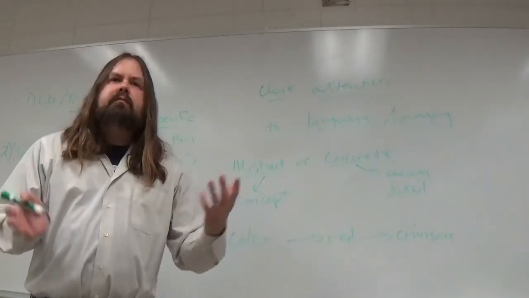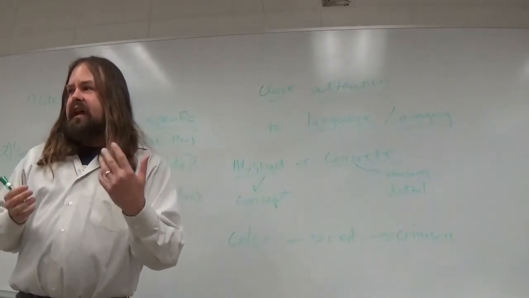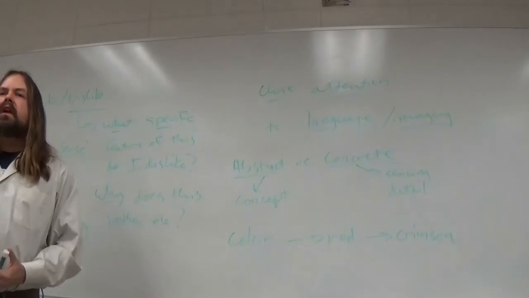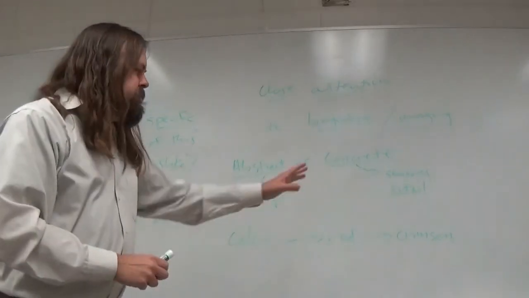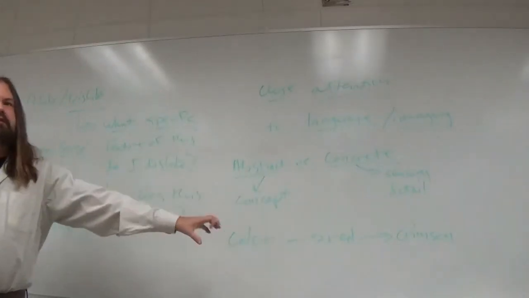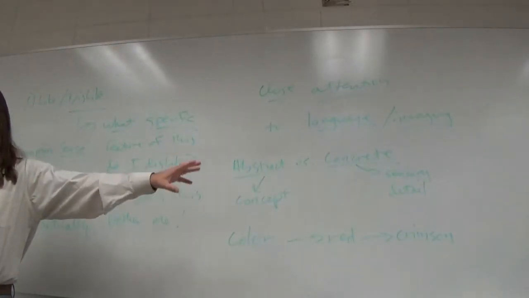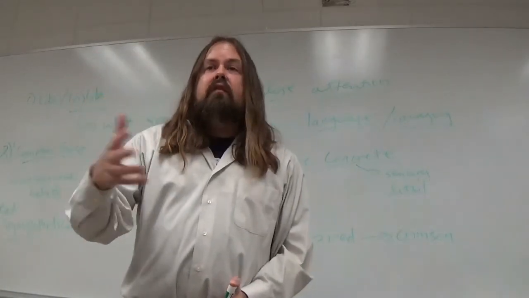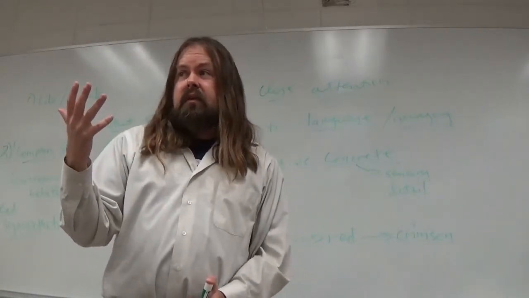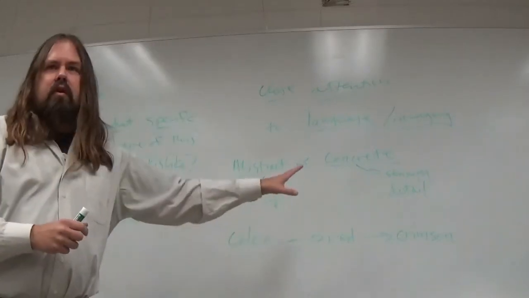Red is a not especially specific way of expressing that concept that still gives you a sense impression. We all know what red looks like. Crimson is a specific shade of red, and that specific shade of red is going to have a range of associative meanings that the more abstract words do not.